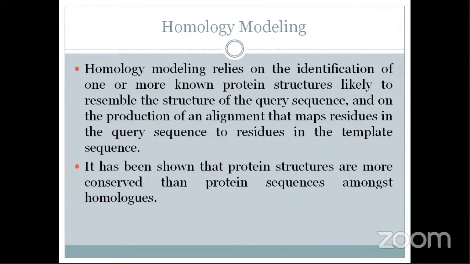So as I told you initially, in homology modeling you have a particular protein sequence, and its similar or homologous templates are selected from the protein data bank. It has been shown that the protein structures are more conserved than the protein sequence among the homologs. Homologs means the similar protein sequences. So if there is similarity in the protein sequence, definitely it will have similar protein structures.